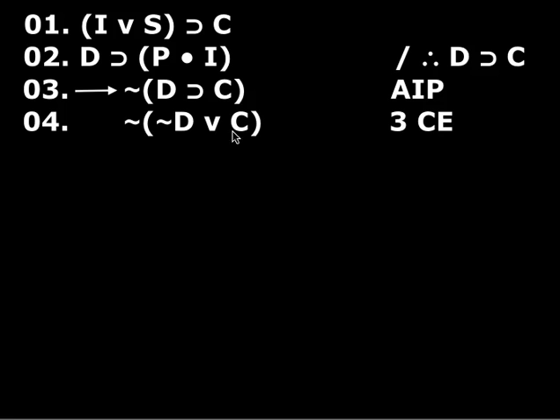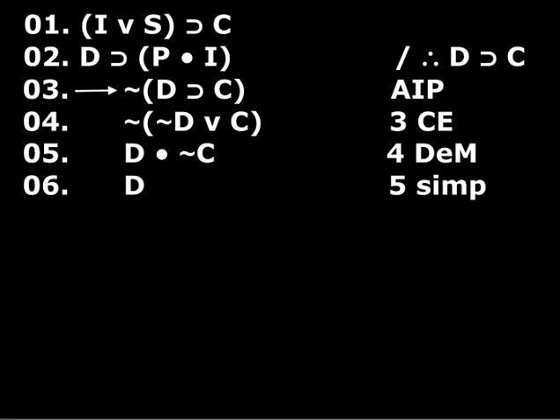Not D will become D, C will become not C. And that's by De Morgan's. Now, I can simplify both of those pieces off. I can get D and I can get not C by themselves by simplification on line 5. And the contradiction is going to be really easy here.